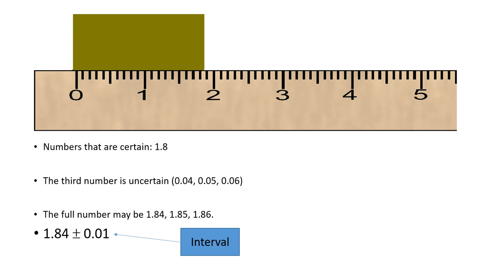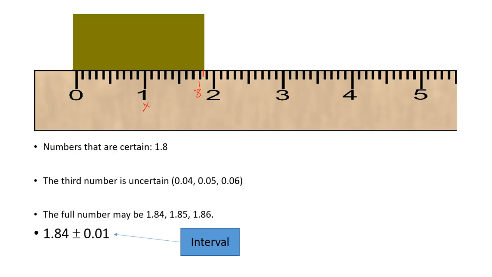So this is an example of how you use a ruler. For this one, if I want to make a measurement, I know that I have a 1, and then I am certain that I have an 8 here, or a 0.8 here, but then I'm going here, so I'm really not certain about that part. I can just decide to put any number.